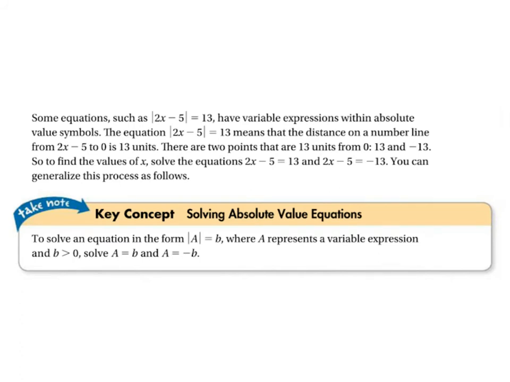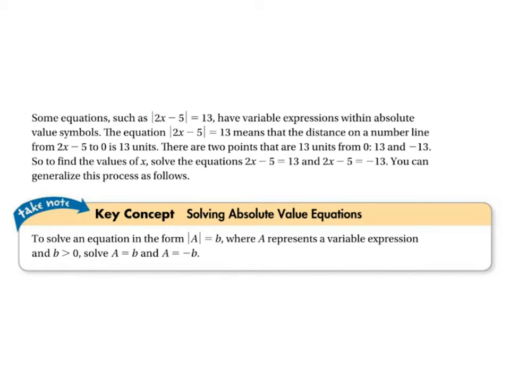So, as I said, the absolute value of some variable or number or expression is how far that number, variable, or expression is from 0. So sometimes you get inside the absolute value bars an expression, like 2x minus 5. Now whatever this is equal to is 13 units from 0.